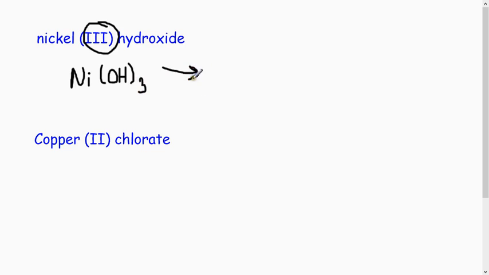Yields, it's a hydroxide, which means it's going to break into an oxide, so nickel with oxygen. And it's already told me that it's a nickel +3 over here, so I know I need to use the +3 charge. So Ni2O3 plus my other product for any hydroxide decomposition is water.